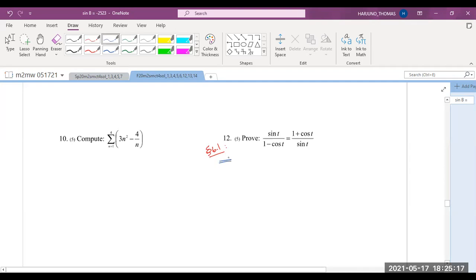Let me prove from left to right. I will multiply the top and the bottom by the conjugate of the denominator. The purpose is such that on the denominator, I will get 1 minus cosine squared t, the difference of squares.